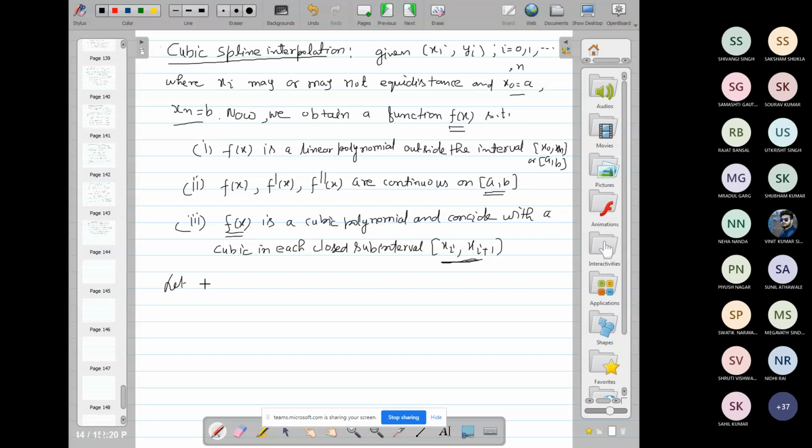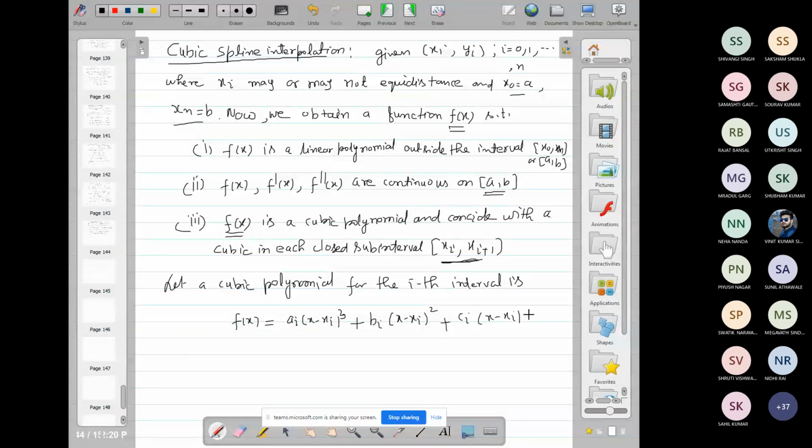Let a cubic polynomial for the ith interval be f(x) equal to ai (x minus xi) cubed plus bi (x minus xi) squared plus ci (x minus xi) plus di.